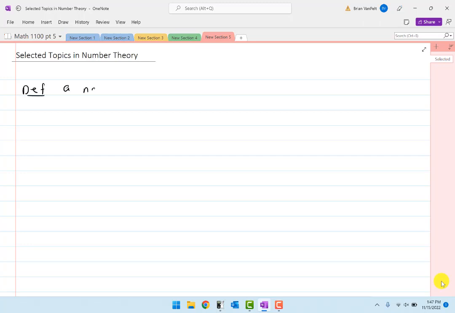A natural number m is a divisor of n if n divided by m has no remainder.